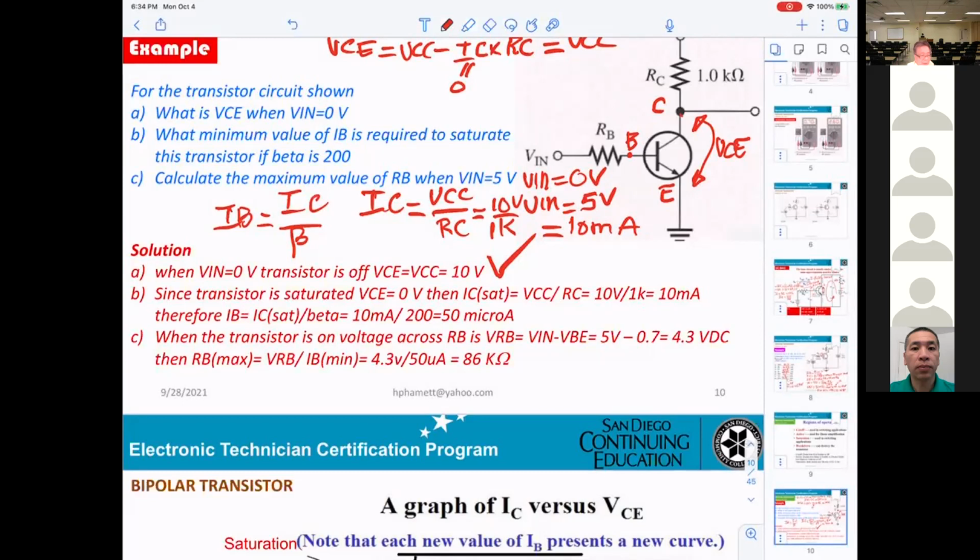Now I need to calculate the current IB. That's why IB equals IC divided by the beta. That beta is 200, IC is 10 milliamp. That's how they come up with 50 microamp.